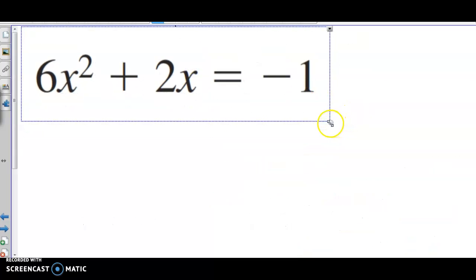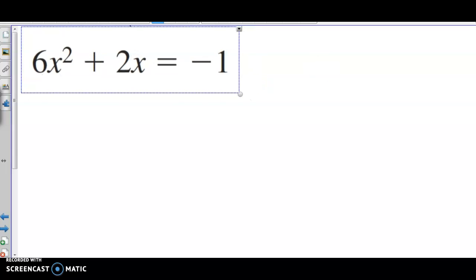So when does a quadratic equation have no solution at all, or when does it have no x-intercept? To illustrate that, I'm going to use this example over here. Identifying the values, a is 6, b is 2.